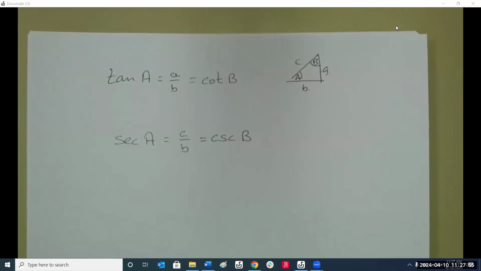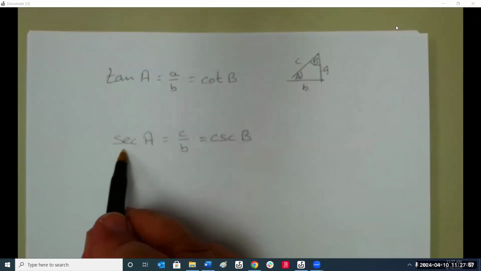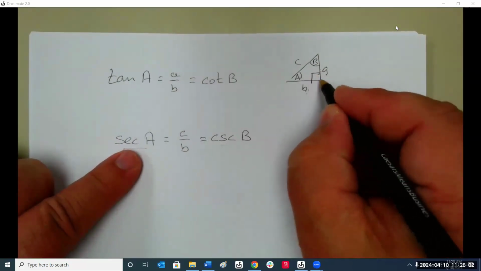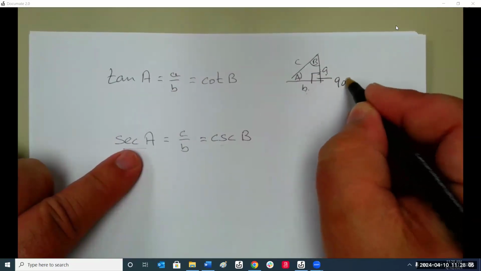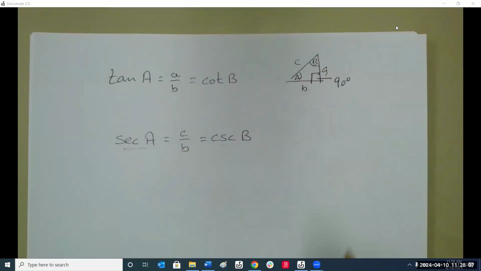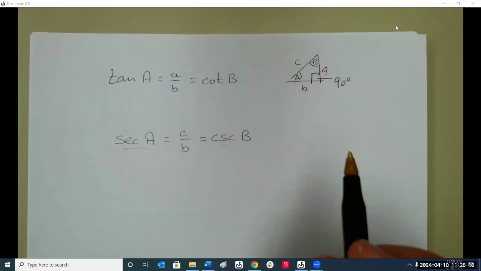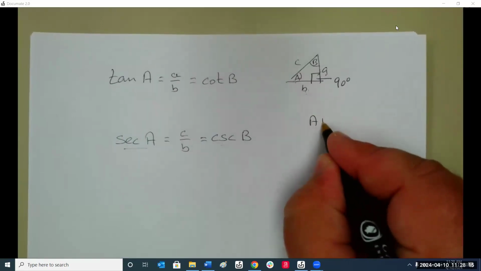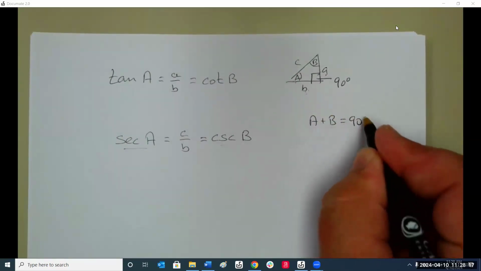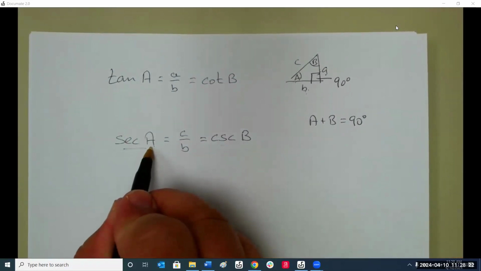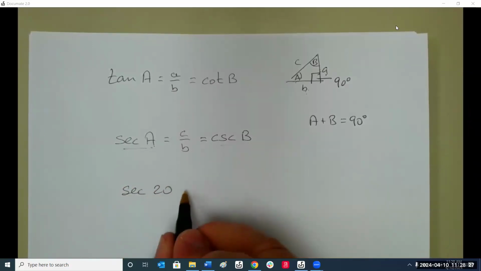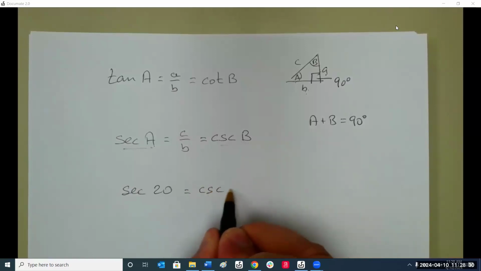Let's look at this now. Another way we can look at this. Remember, we have A and B. If this is a right angle, that means A and B, if I add those two angles together, what do they have to equal? So whatever value I put in there, let's say secant of 20 is equal to the cosecant of what?